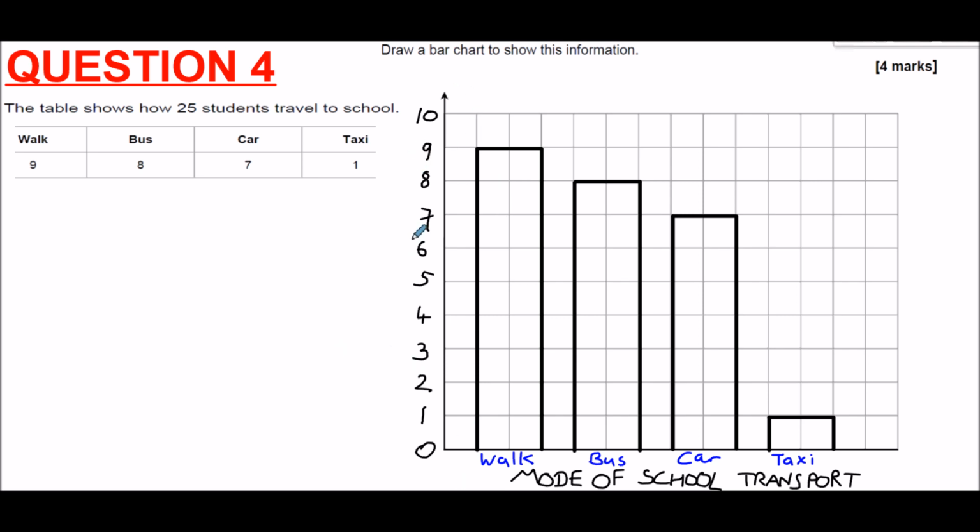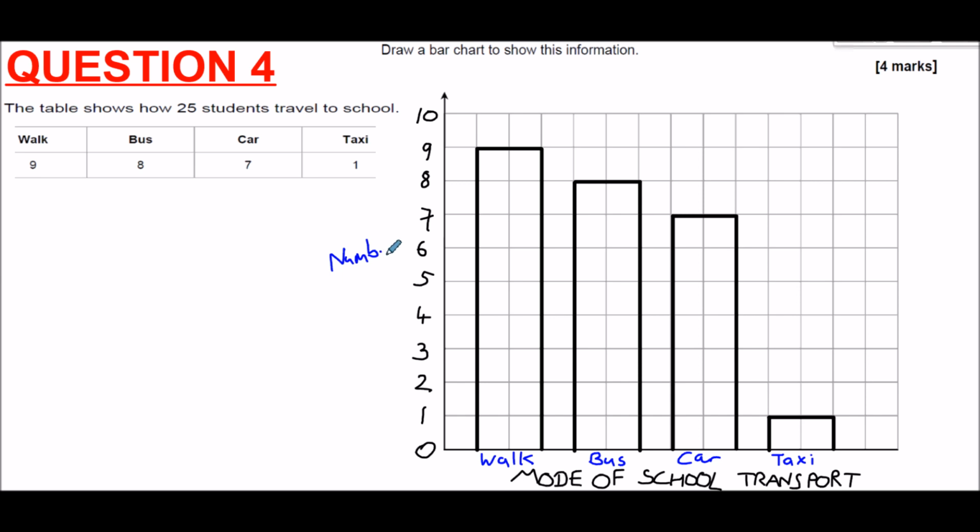Is it the number of people that just love to walk? Is it the number of cats that walk around or go on a bus? It's fairly obvious what it is, but it still needs labelling. These numbers here represent the total numbers of people, and so we can call this frequency or numbers of people.